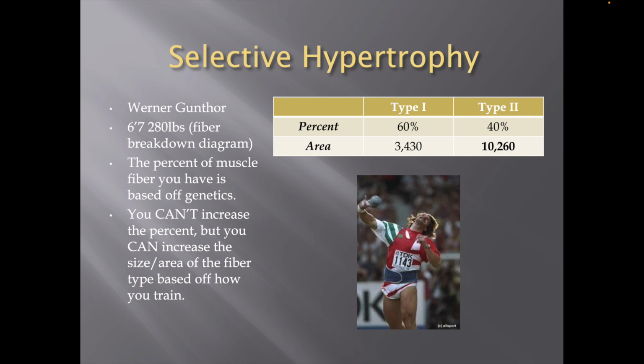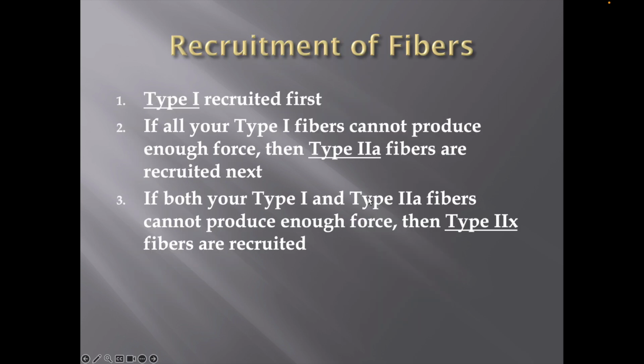Now, let me make very clear. Every time Werner Gunther throws a shot put or performs any sort of weightlifting movement, does he recruit his type 1 muscle fibers? Absolutely. If we go back to our recruitment of muscle fibers example, every time he performs a weightlifting movement and throws that shot put, the type 1 muscle fibers are definitely recruited first. So he is using his type 1 muscle fibers.